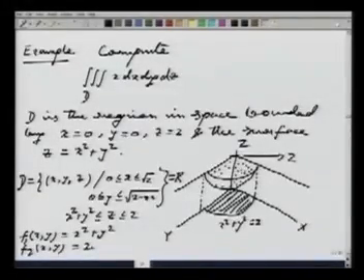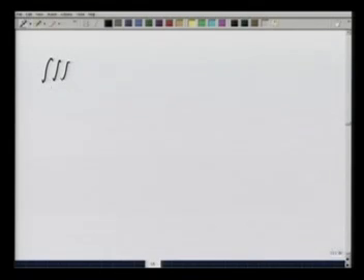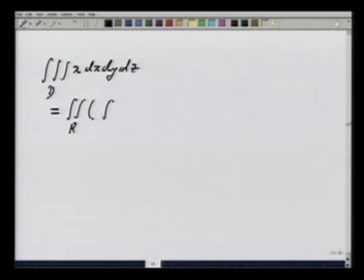Now once I know this, I can calculate using Fubini's theorem. The triple integral over D of x dx dy dz is the same as the double integral over R of the integral from x square plus y square up to 2 of x dz, then dx dy.